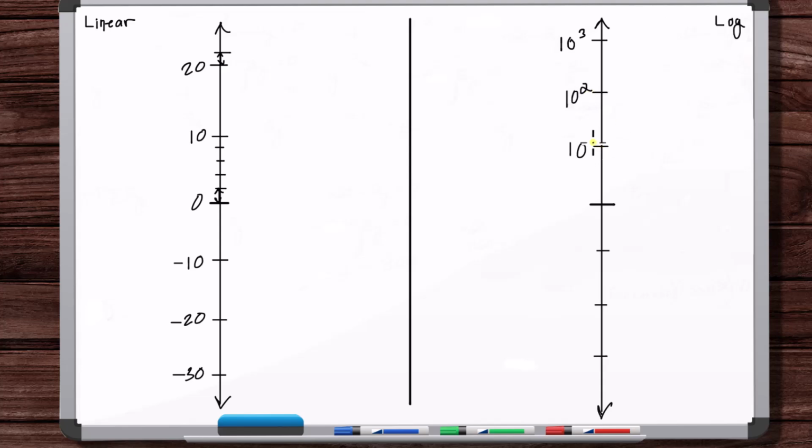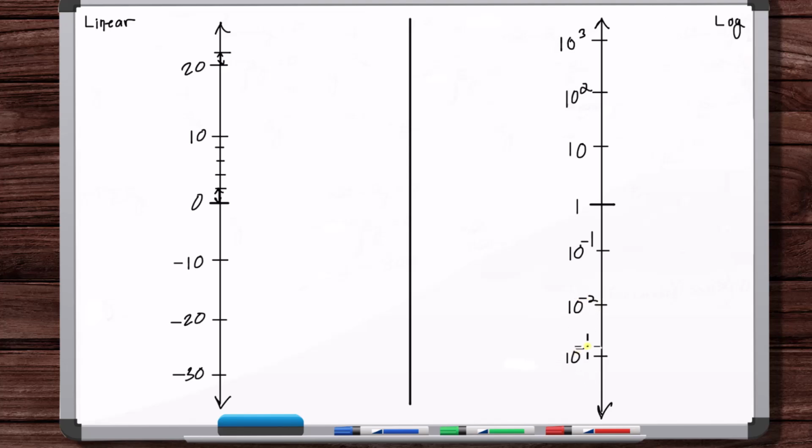Okay, now 10 divided by 10 is 1. Okay, and this is the 0 point, right? And that's another thing about a logarithmic scale. The 0 point that corresponds to the 0 point on the linear scale, the value is 1, not 0. It's 1. Okay, and if we actually keep going below this point here, 1 divided by 10 is 10 to the minus 1. Divide by 10 again.